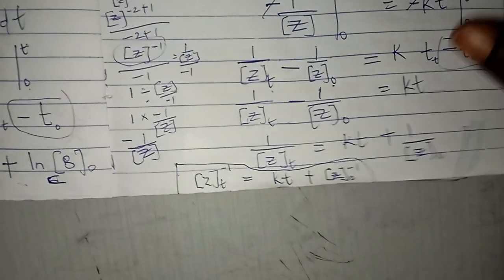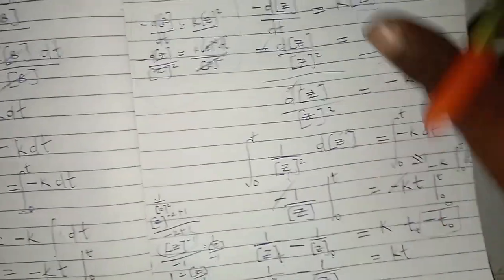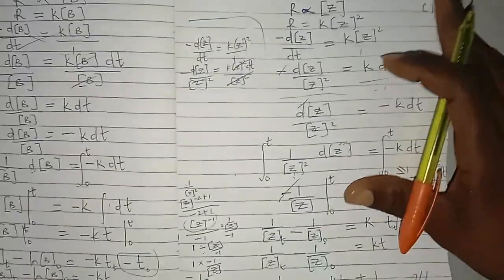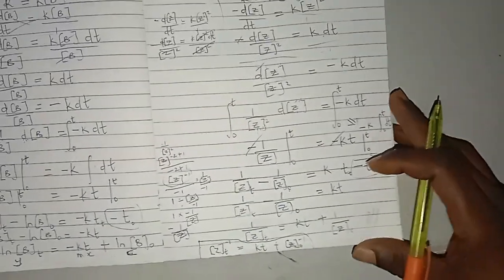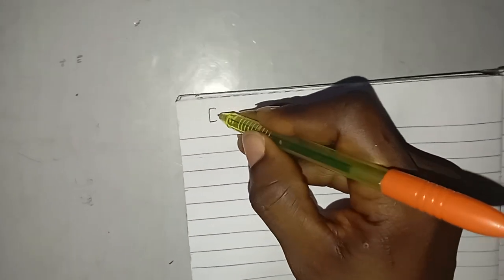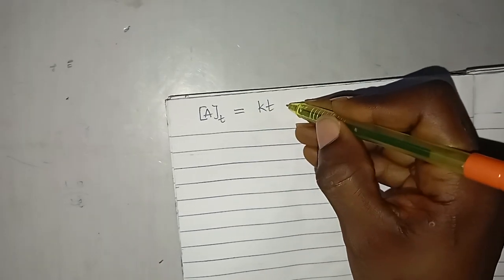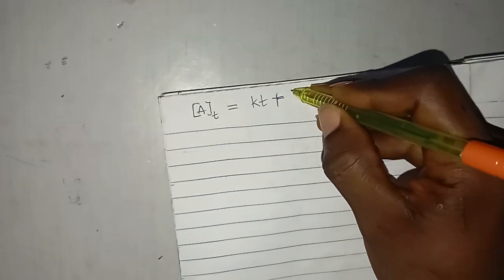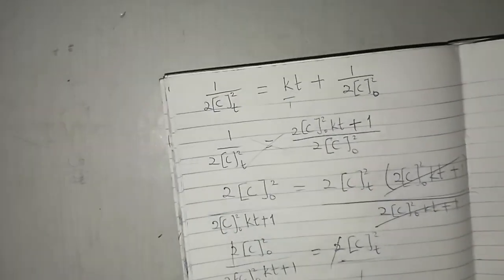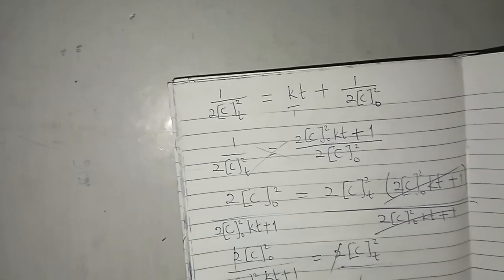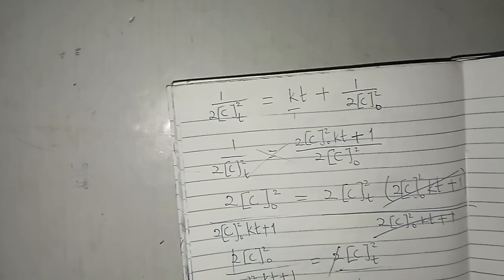So to summarize for zero, first and second order: for zero order, you always have ln A at time t is equals to kt plus the initial concentration of A. Notice that's what we got at that point where we did zero order, just that it's carrying negative.